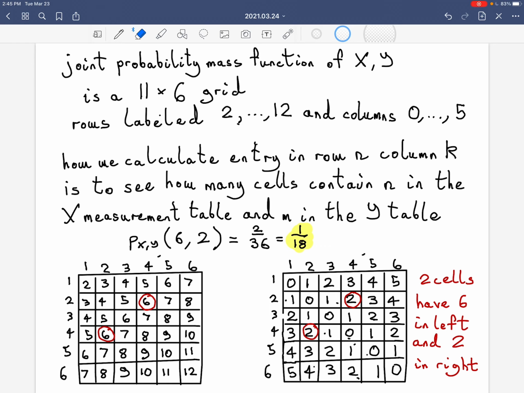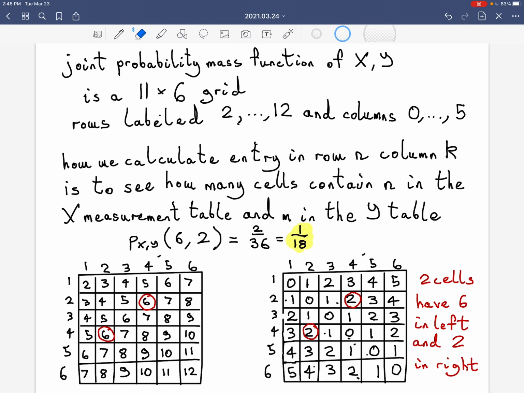So if the first die is 4 and the second die is 2, the sum is 6. And the absolute value of the difference is 2. So that outcome gives me the value I'm interested in, where x is 6 and y is 2.